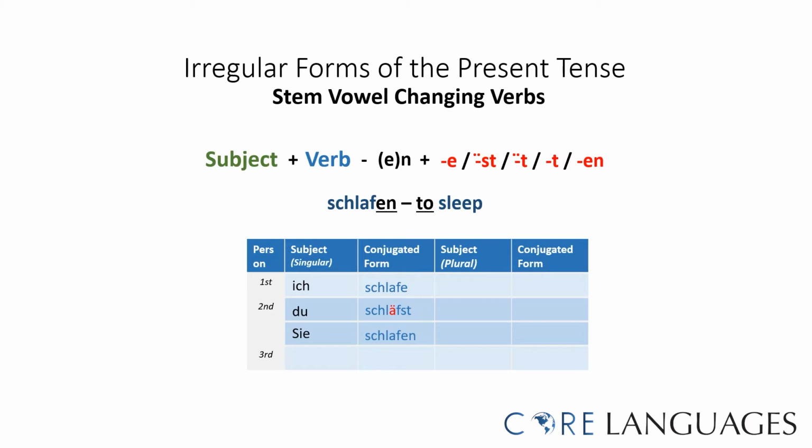Sie schlafen, which is the formal you singular, but then sie, es schläft. The A changed to an Ä. Wir schlafen, ihr schlaft, sie schlafen, and sie schlafen.